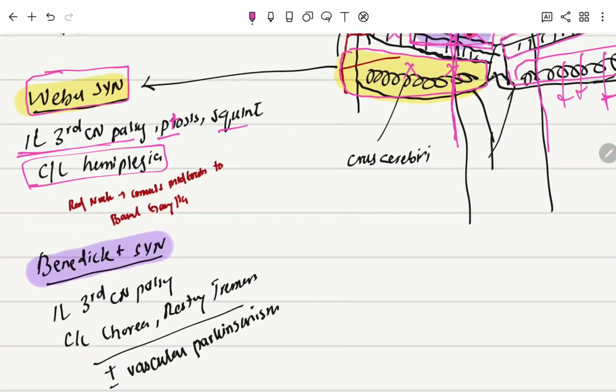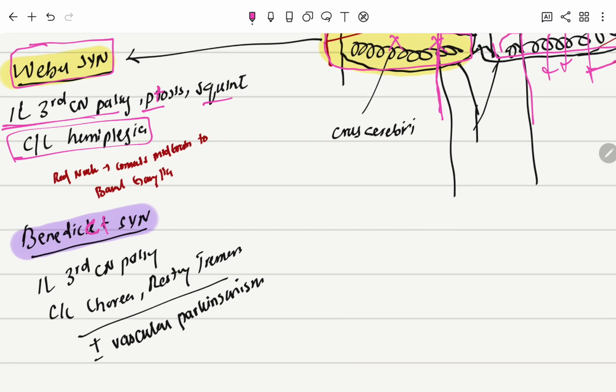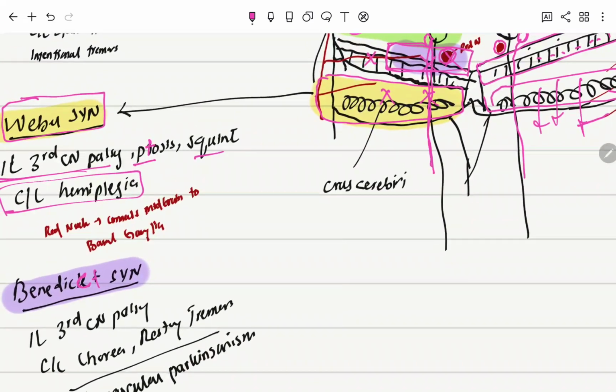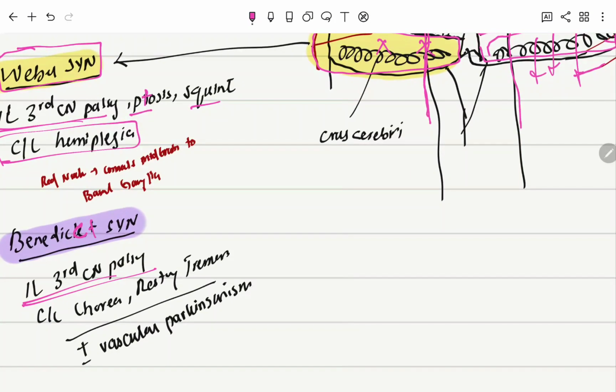So this syndrome is called Benedict syndrome, right? So there will be ipsilateral third nerve palsy, and because of the involvement of the red nucleus, there will be contralateral chorea, choreiform movements, and resting tremors, right?